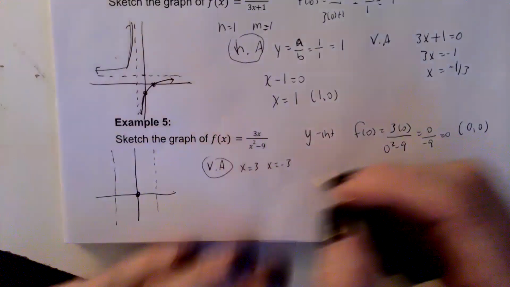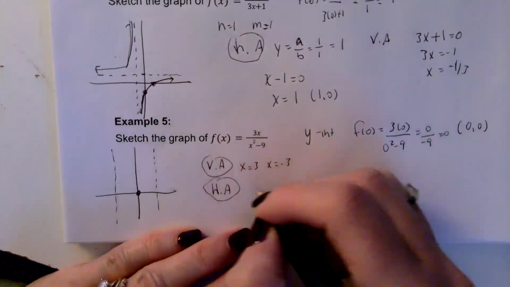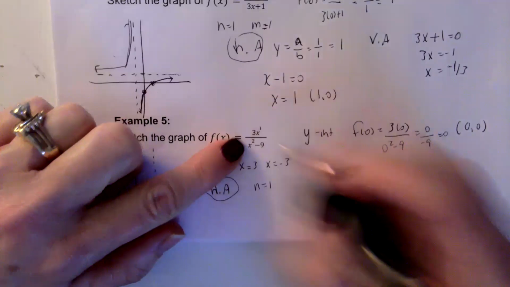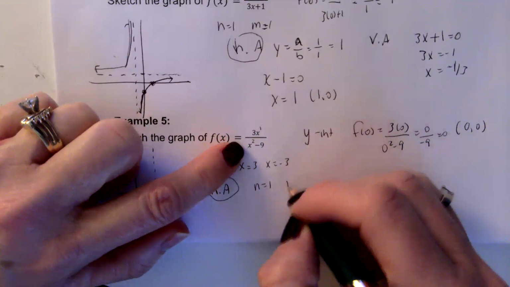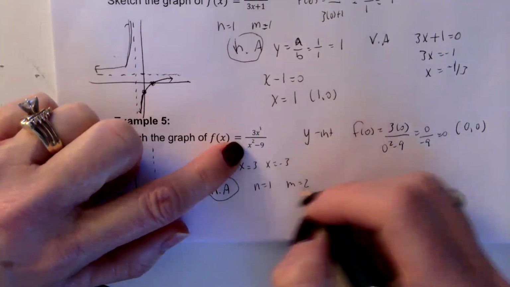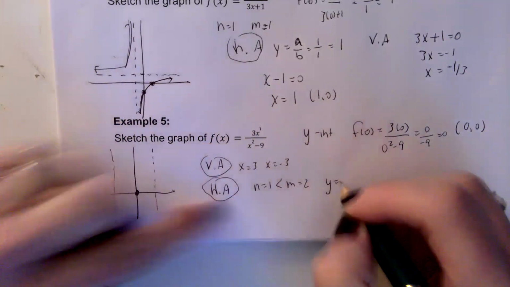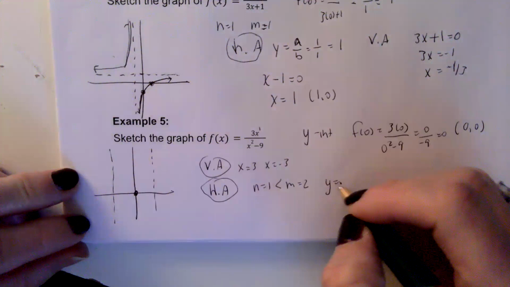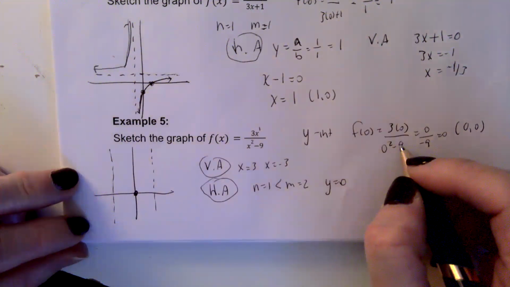Okay. And then our horizontal asymptote is going to be, let's see, n is equal to 1, that's the highest degree on the numerator, and then m is equal to 2. So it looks like we have it at y equals 0. Oh, that's interesting, right?